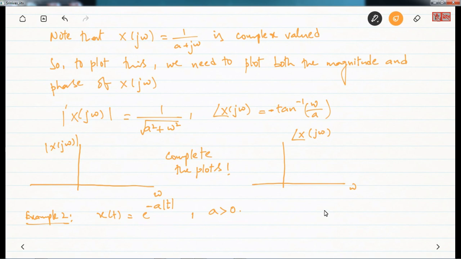So how does this signal look? The signal will be something like this.